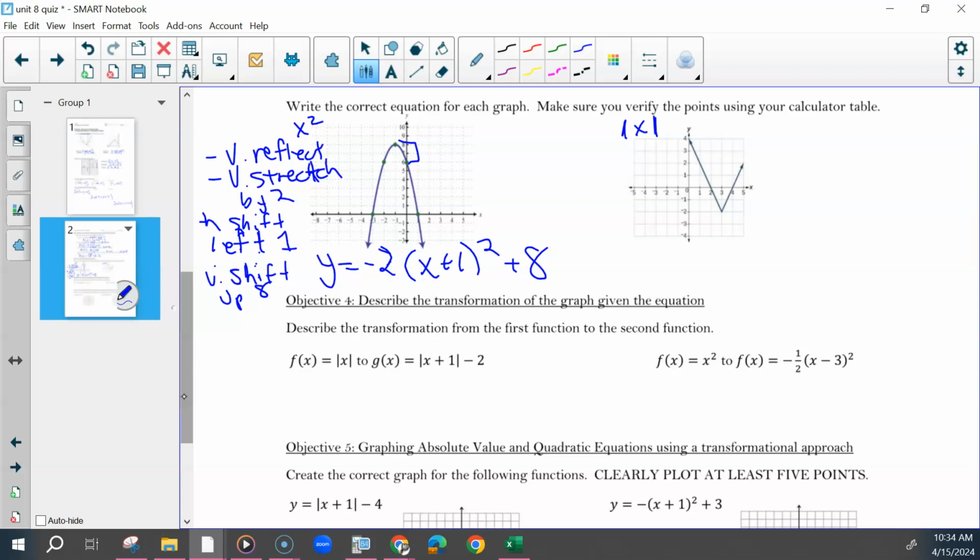Other questions there? And then in this one, I see it's narrow. The distance has changed. It's also 2. So vertical stretch by 2. It has shifted. It moved to the right 3 and down 2.